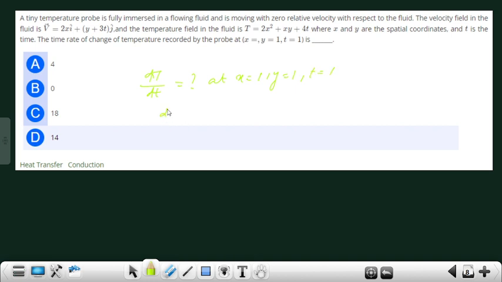So we know the derivative of temperature with respect to time is equal to del T by del t into dt divided by dt, plus del T divided by del x into dx divided by dt, plus del T divided by del y into dy divided by dt.